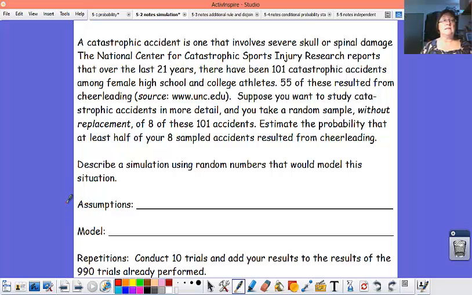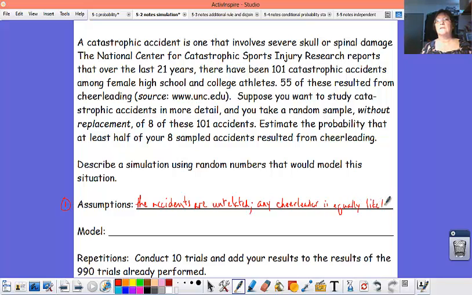And folks, we said that there are 4 steps to describing that simulation. The first is stating the assumptions that you are making. If we are using random numbers, that means that the accidents themselves are unrelated, or another way of saying this, any cheerleader is equally likely to have such an accident.